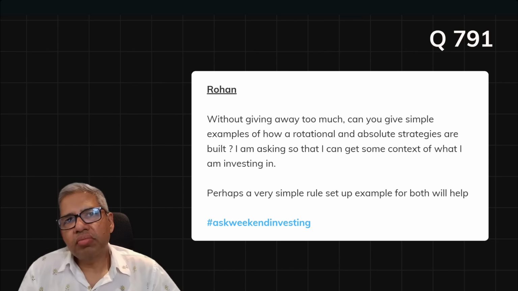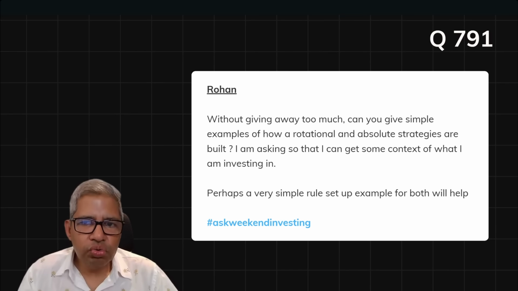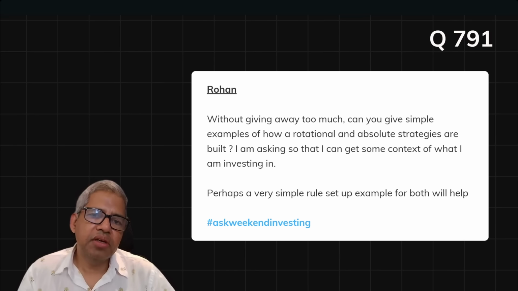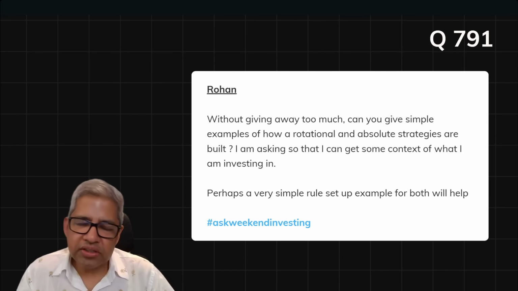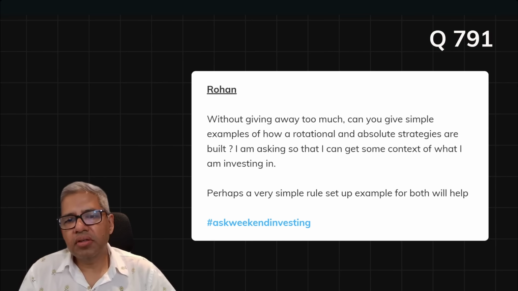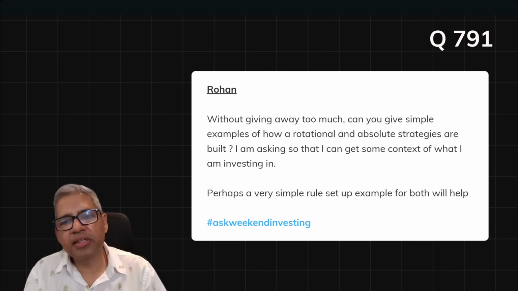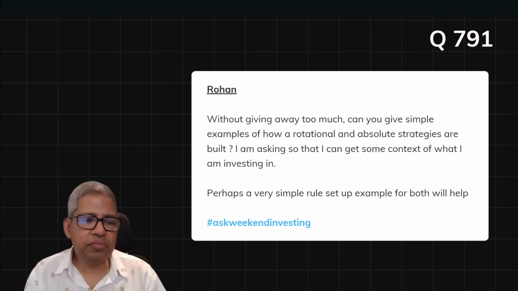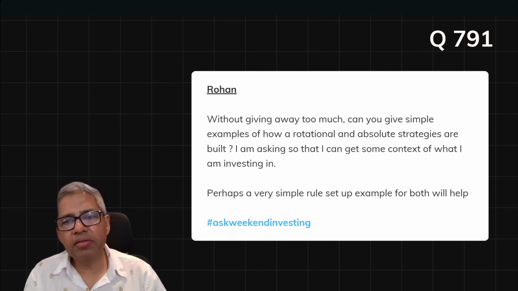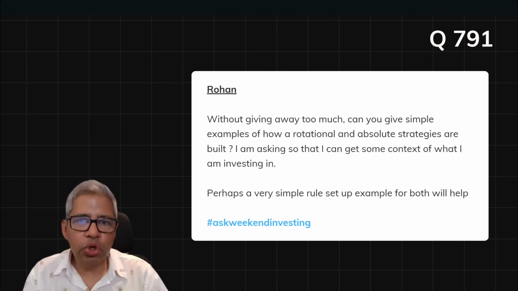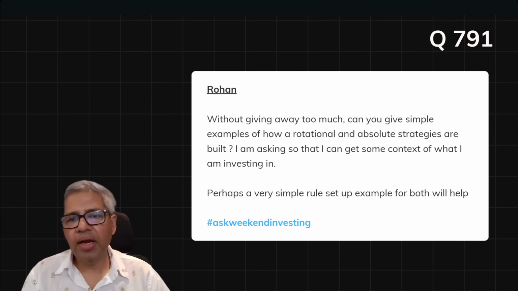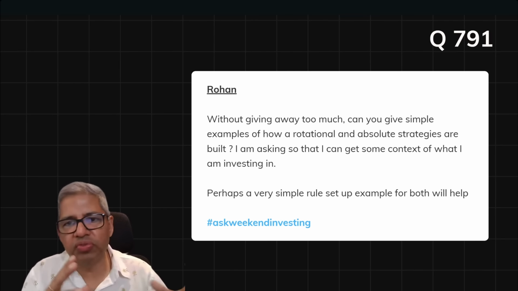So there are primarily two ways in which this is done. One is the rotational strategy style, where you are defining a universe. Let's say it is Nifty 50, and let's say you are saying, I'm going to be picking 20 stocks from this universe, basis a momentum score, basis the performance of each of these 50 stocks.